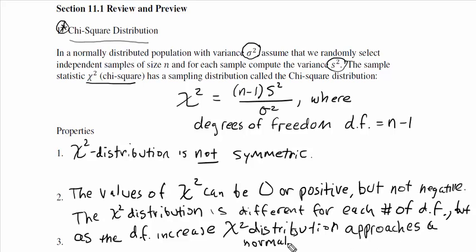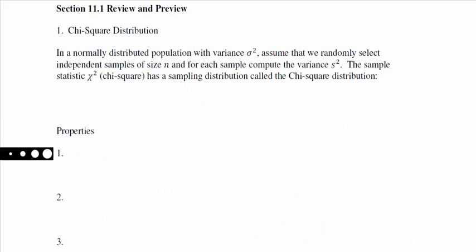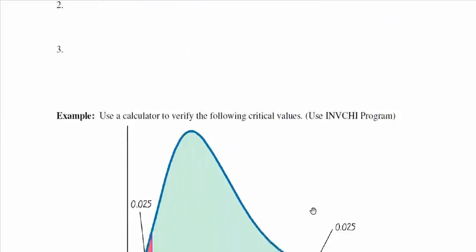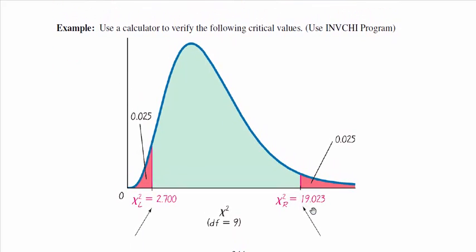The one given at the bottom of the page is for a degrees of freedom of 9. We're going to use a calculator to verify the critical values at the bottom of the page. I typically won't have you do the critical values for the chi-squared distribution by hand a lot. On Canvas, I put a chi-squared calculator online.